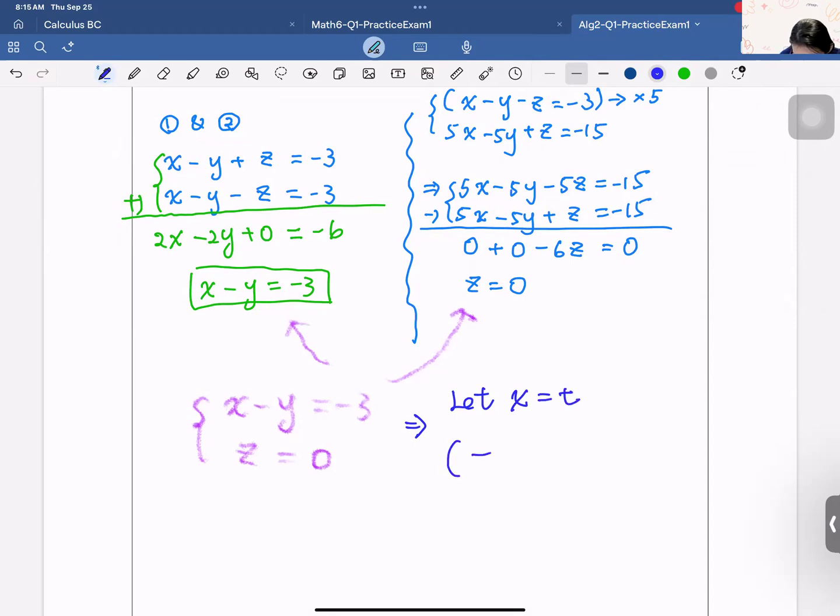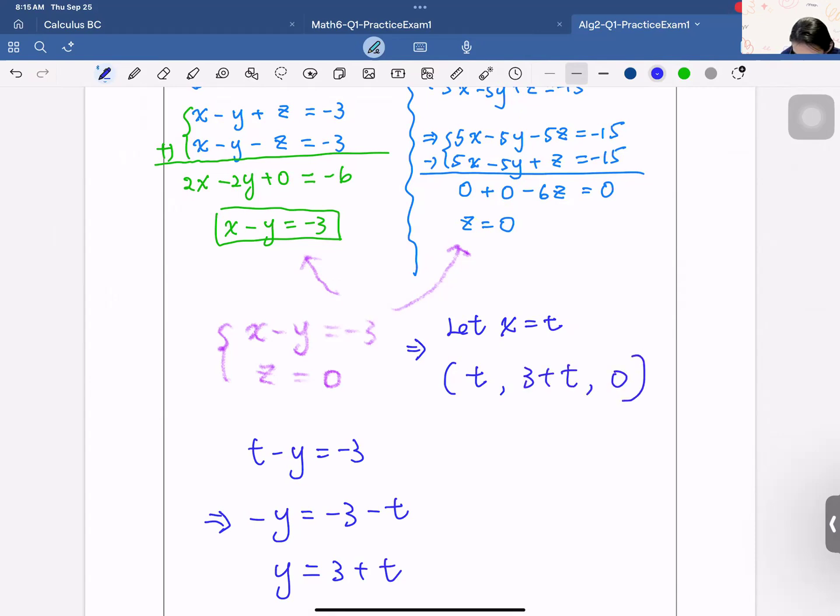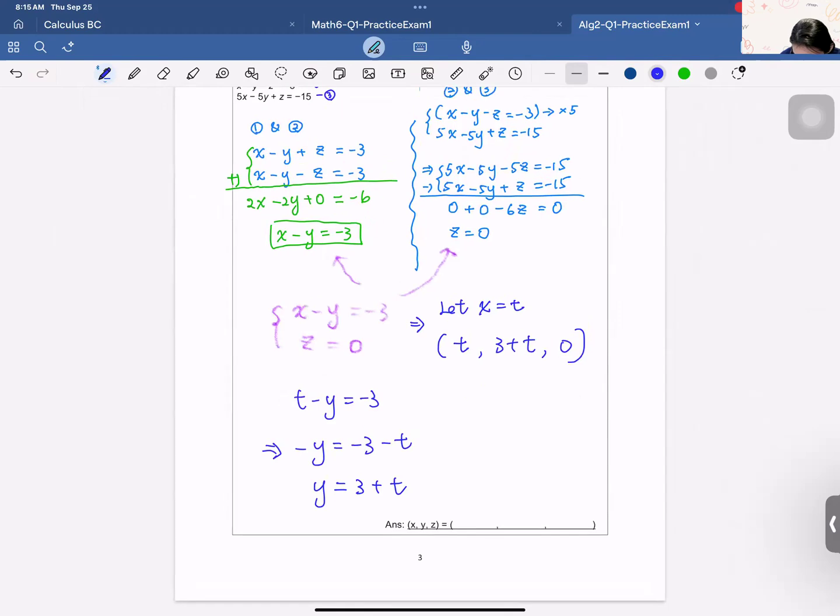So when x equals t, my y equals 3 plus t, and my z equals 0. So my answer is t, 3 plus t, and then 0.